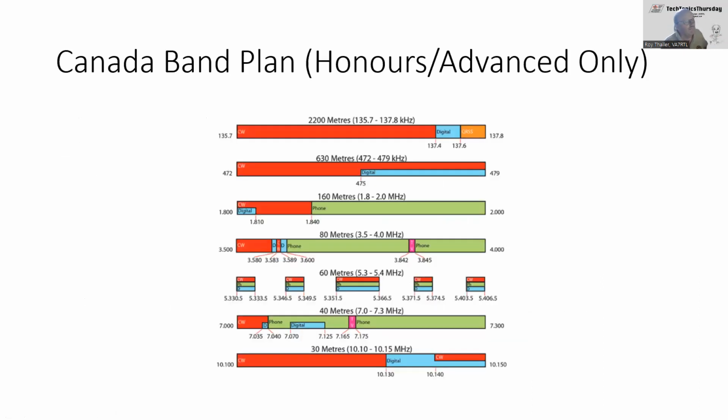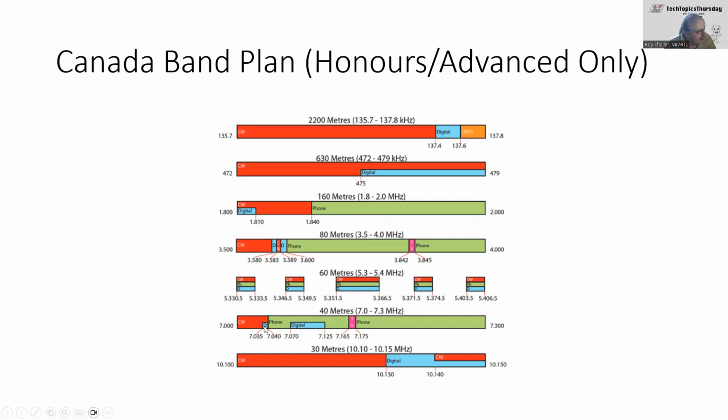In Canada, these are your various band plans, and the only one that's channelized is the 60-meter one. There are a couple of rules here on which antenna you can use and how much power you can use. But in a typical band, let's say 40 meters here, the lower part is CW.